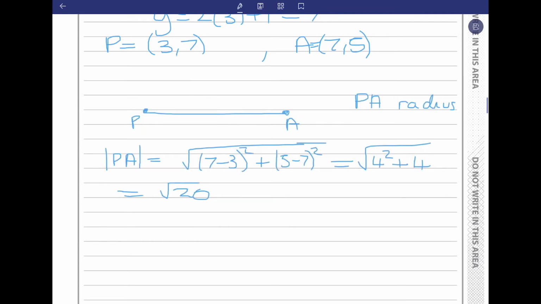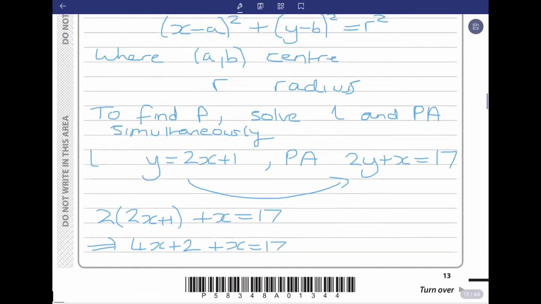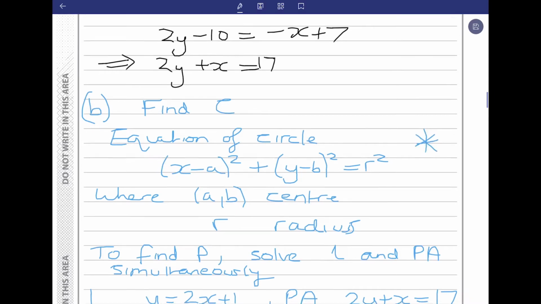Right, so now we have that r, so recall PA is the radius, so r equals root 20, and we have the centre of the circle, which was 7, 5. Now we can use the equation of the circle here to write our equation of the circle.